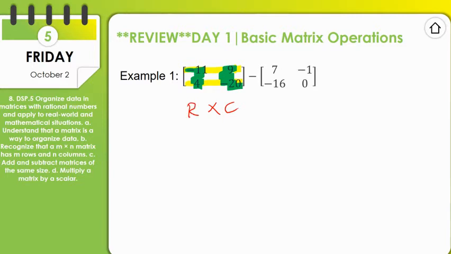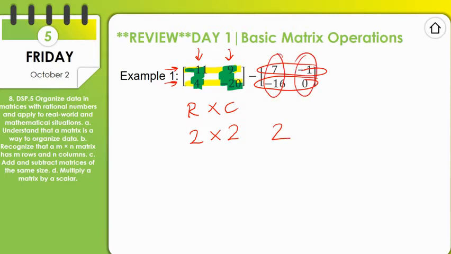So here we have 1, 2 rows by 1, 2 columns. This would be a 2 by 2. Again, we have 1, 2 rows, 1, 2 columns, 2 by 2.